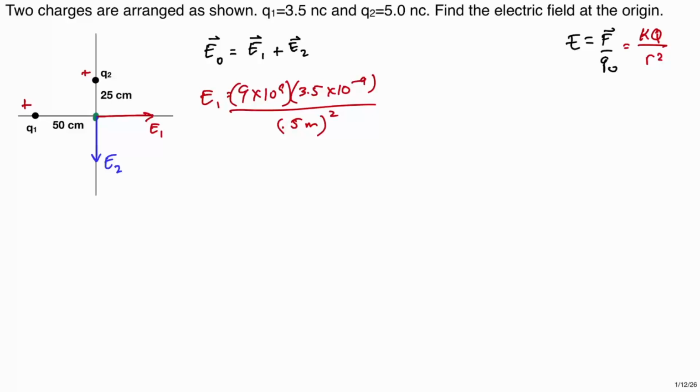And we've got to square it. I don't know why I wrote the meters in there, but I did. So I got 126. Oh, and units for the electric field? Nope. It's a force divided by a charge. A Newton per Coulomb.